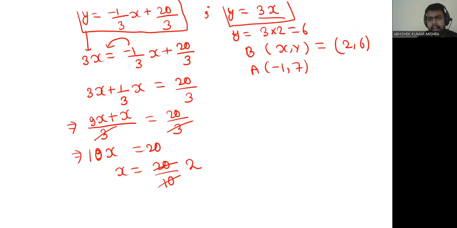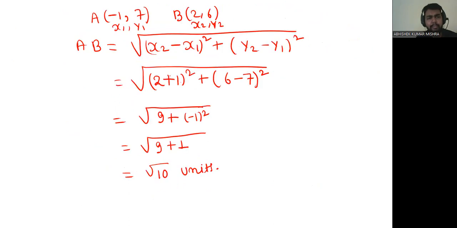And after that you are just going to apply the distance formula, √((x2 minus x1) whole square plus (y2 minus y1) whole square), and finally you are going to get your answer. So the process is pretty easy. There is a lot of calculation. If you are good at calculation, if you are clear with your basics, probably this would be very easy to solve.